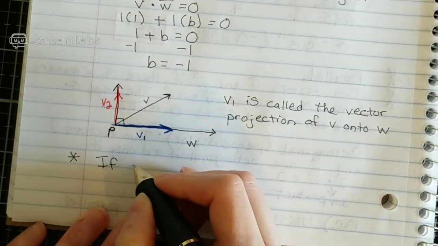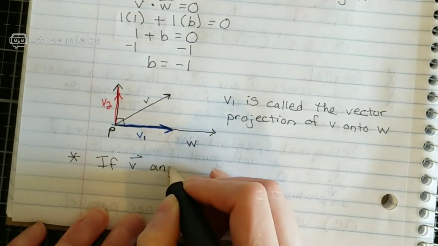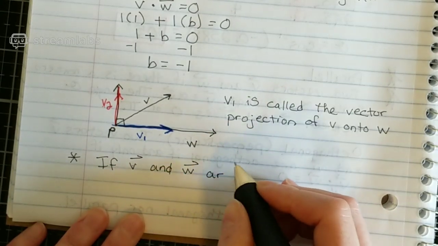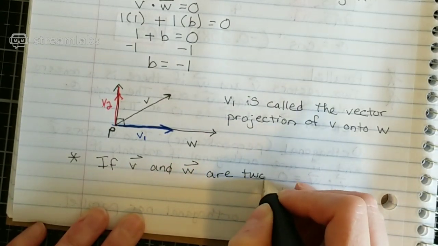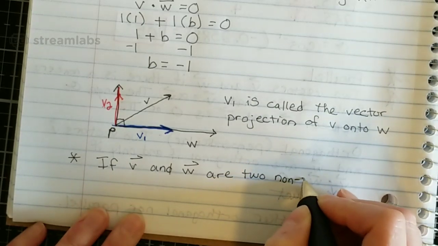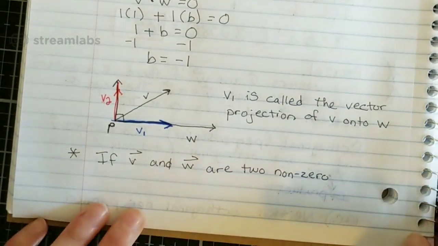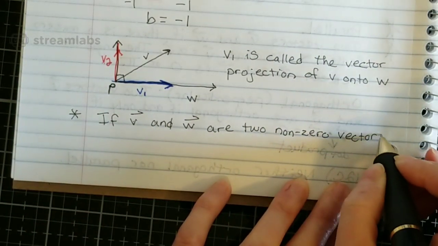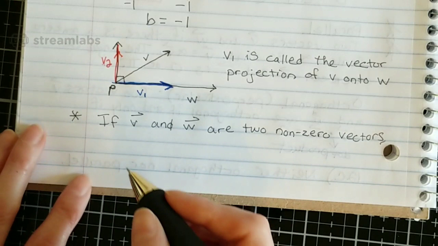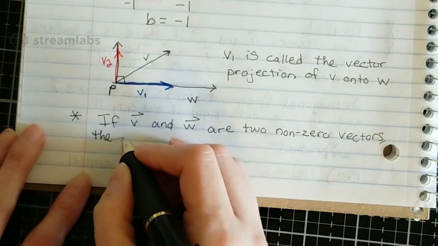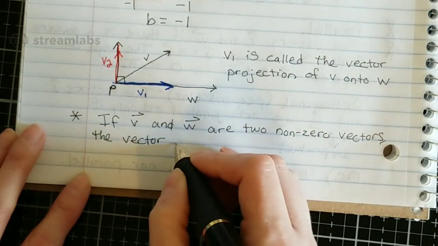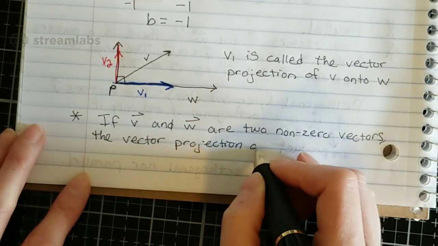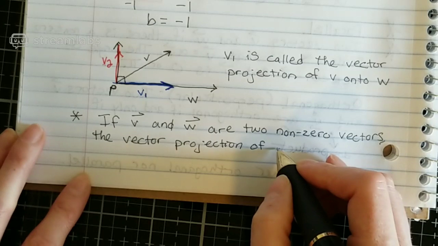If V and W are two non-zero vectors, the vector projection of V onto W, and then I give you a formula.